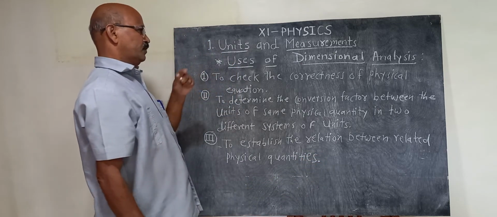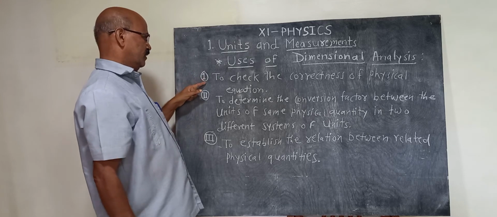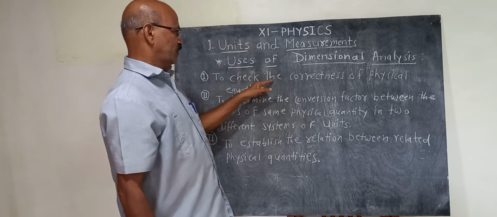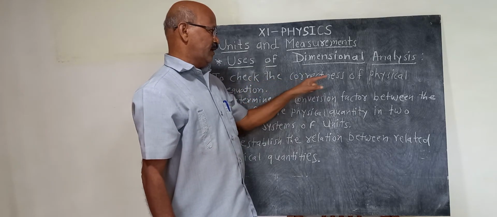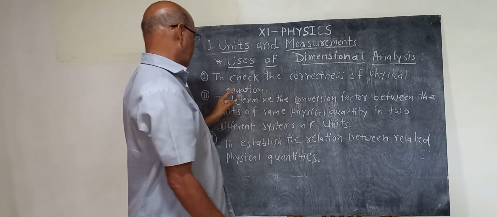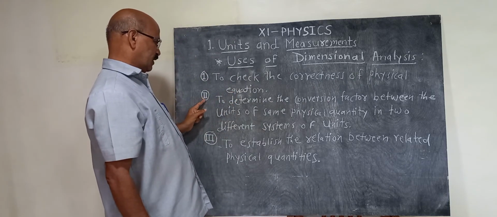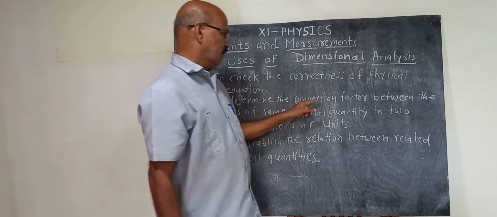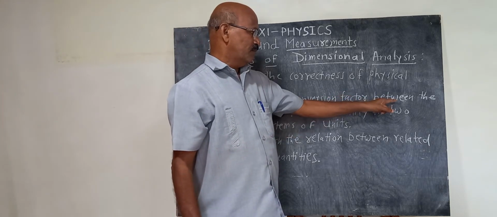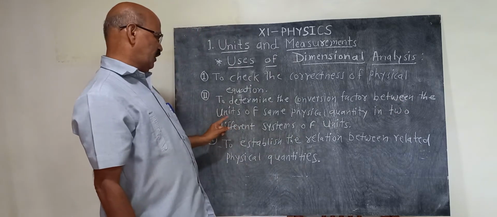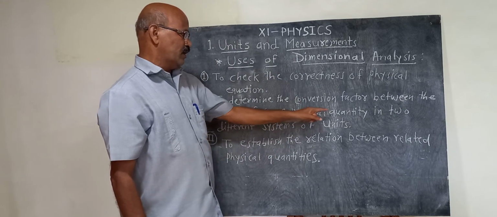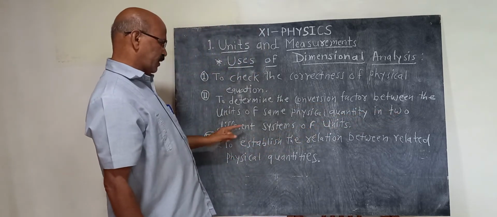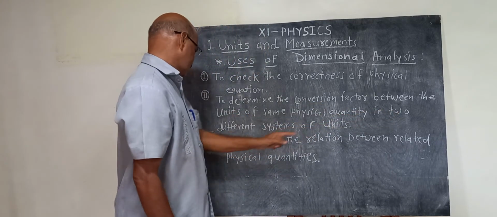See the uses of dimensional analysis. First use is to check the correctness of physical equation. Second use is to determine the conversion factor between the units of same physical quantity in two different systems of units.